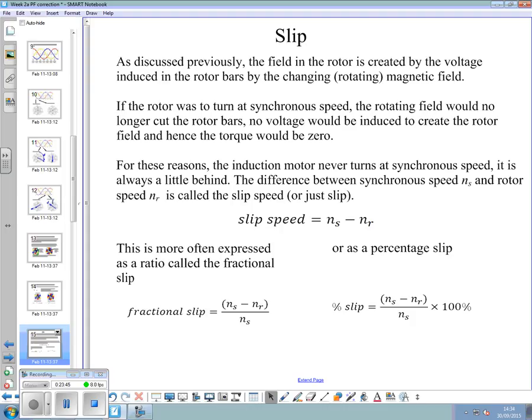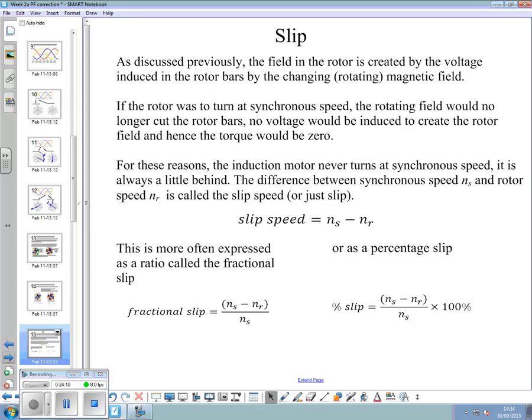The motor would stop. So there has to be this relative difference between the speed of the magnetic field going round and the speed of the rotor inside it. Otherwise, it doesn't work. For these reasons, the induction motor never turns at synchronous speed. It's always a little behind.